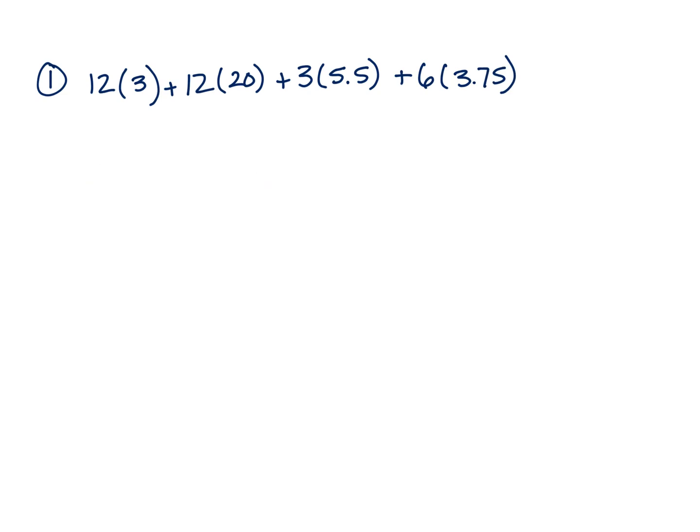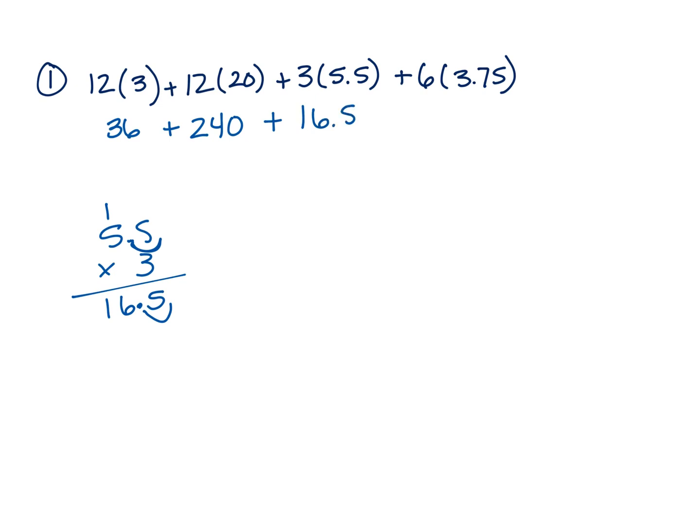So 3 times 12 is 36. 12 times 20 is 240. That would be 15, and then 15 again, but we have 1 extra decimal place, so we need 1 decimal place in our answer.